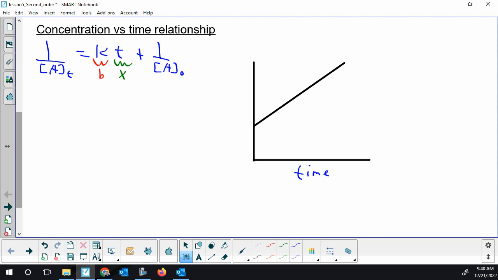So we're going to get a straight line with a positive slope. When we looked at first order kinetics, negative k was the slope, but now we have positive k as the slope. Okay. In order to get this, what we need to plot on the y-axis is not the concentration, but the inverse of the concentration. Okay. We had to plot the natural log of the concentration for first order kinetics.